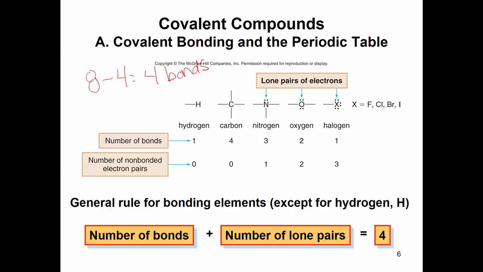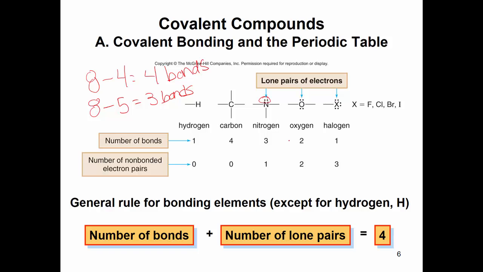Nitrogen, as we saw in our example of ammonia, is in group 5. So it forms 3 bonds. If it forms 3 bonds, that's 2, 4, 6 electrons, but that leaves a lone pair because it needs 8. So it has 1 non-bonded lone pair on it.